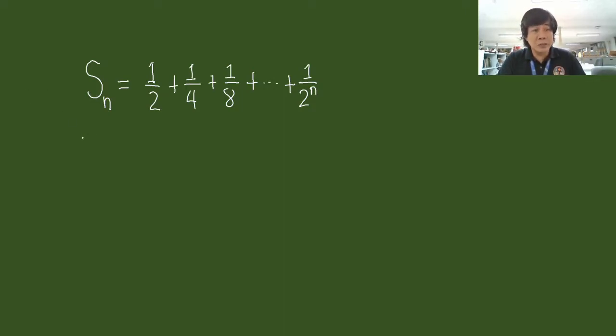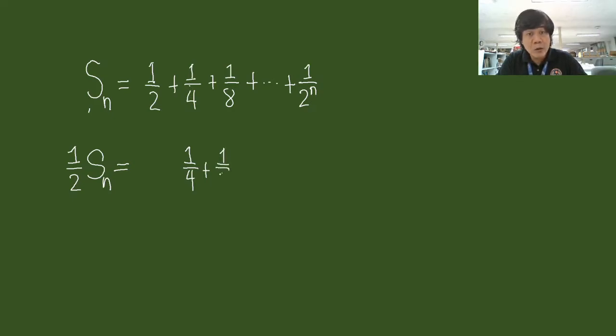What we can do is multiply both sides of this equality by 1/2. So we have 1/2 times S sub n on the left-hand side, and on the right-hand side, as you multiply each term by 1/2, you will have the following. 1/2 times 1/2 is 1/4, plus 1/2 times 1/4 is 1/8. 1/2 times 1/8 is 1/16, so on and so forth.